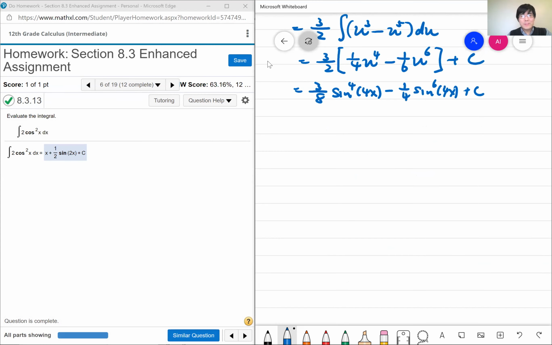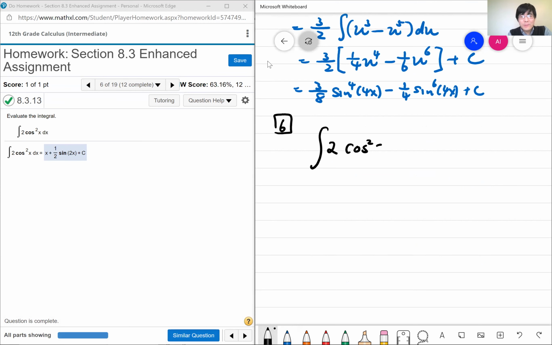Okay, number 6. Now you have an even power. So 2 times cosine square of x dx. Well, now this one is even, so we really need to use a different technique. When you have evens, you will use the following half-angle identity to rewrite the expression.